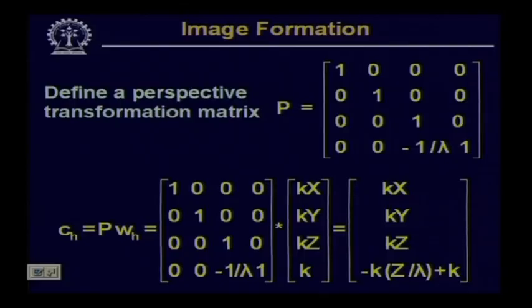Now, if I transform this homogeneous world coordinate by this perspective transformation matrix P, then I get the homogeneous camera coordinate Ch, which is given by kx, ky, kz, then minus kz by lambda plus k. So, this is the homogeneous camera coordinate.